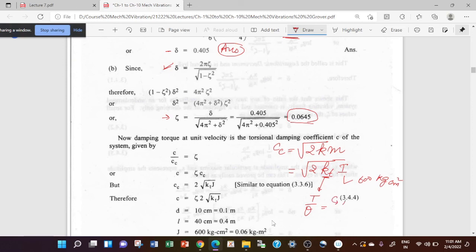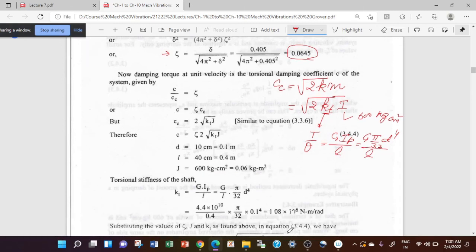G Ip upon L. G is given to you. Ip is known as pi by 32 d raised to power 4, upon L. So when you put the values here, this is your Kt, the torsional stiffness. It comes out to be this value.